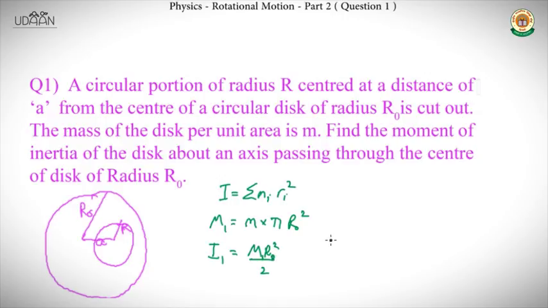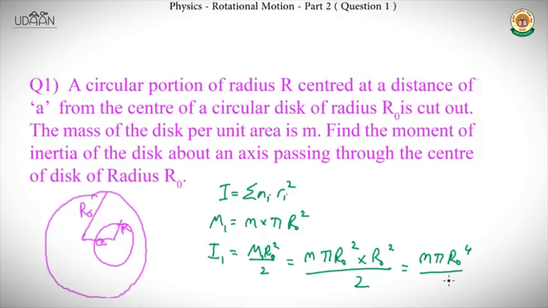Putting in the values, the moment of inertia for the entire bigger disk, with the assumption that the smaller part is not removed, is m into pi r0 square into r0 square by 2, which gives m pi r0 raised to 4 by 2. This is the moment of inertia of the bigger disk with the assumption that the central part is not removed.